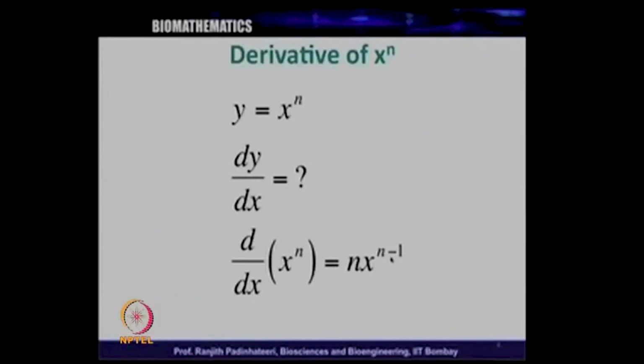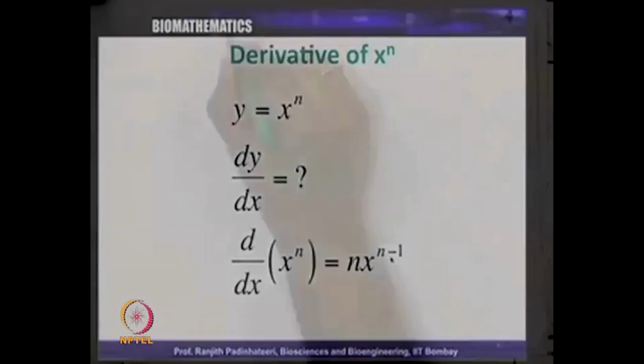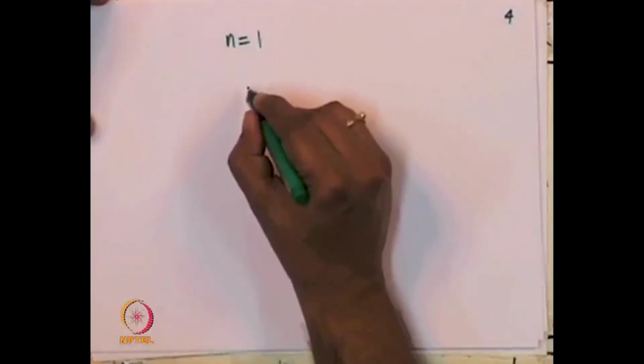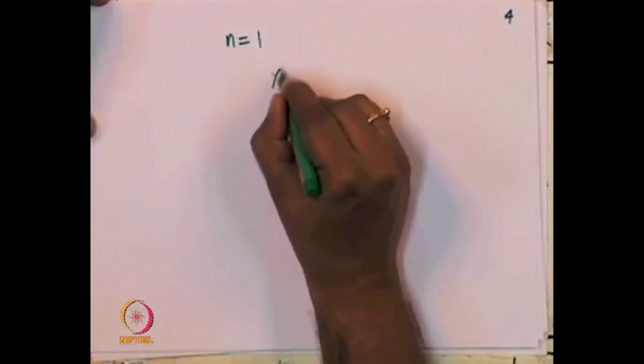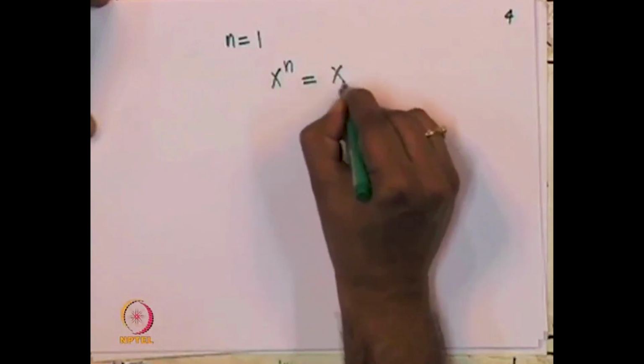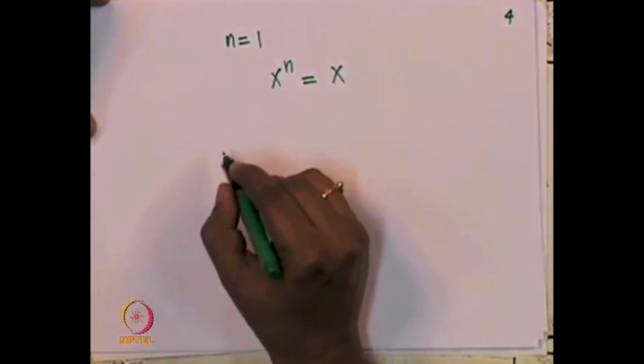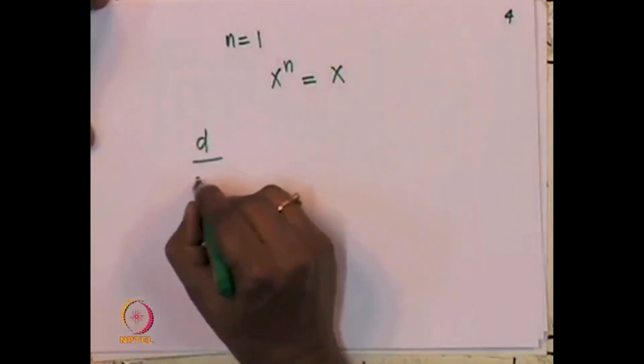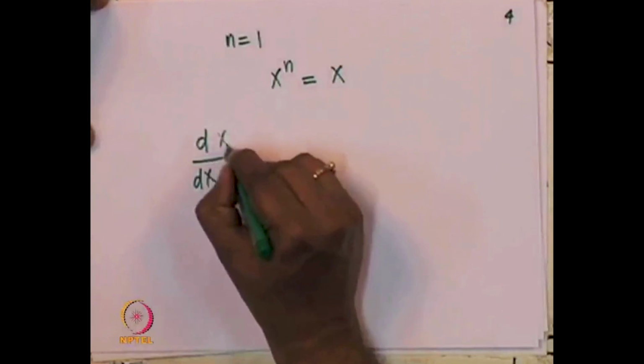So, let us take some examples. We already saw the first one. When n equal to 1, x power n is x. So, the derivative of x is 1.